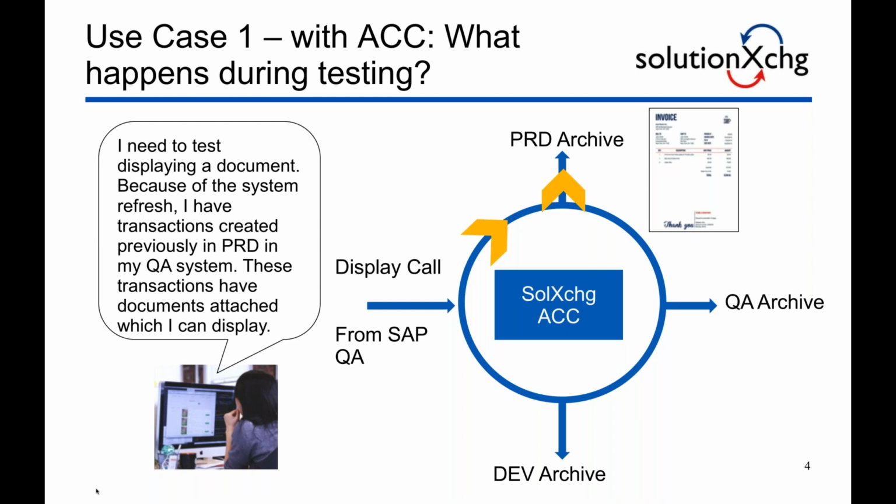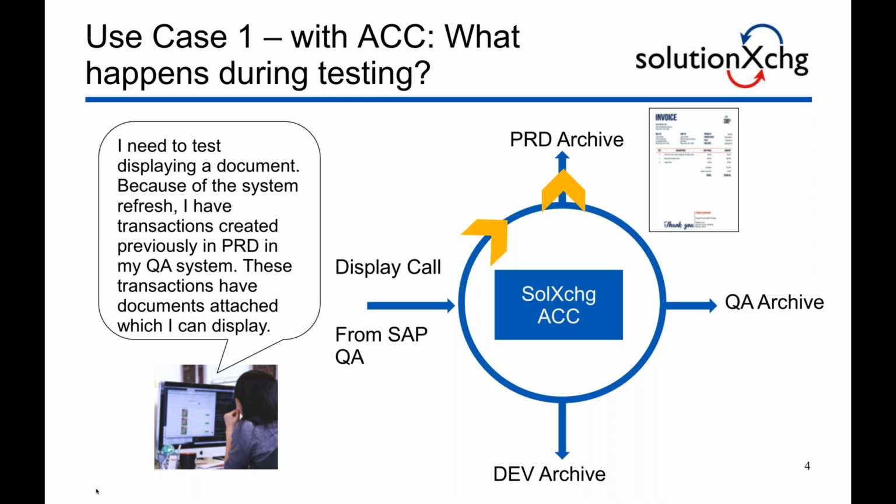So what happens with the ACC when a user has to start testing document retrieval, either for some production support case or for another implementation project, or updates and patches that have to go in, and they have to do certain tests in order to get approval to move the new features into your production SAP system.